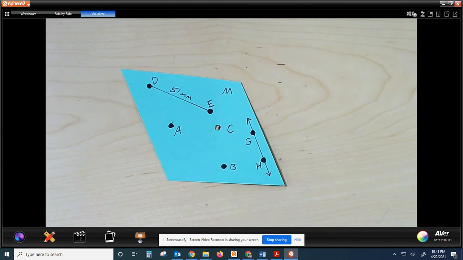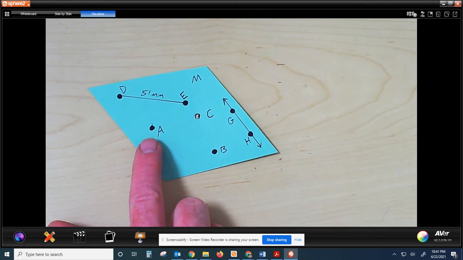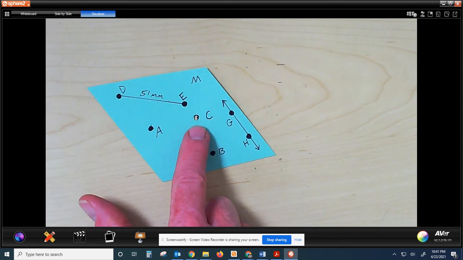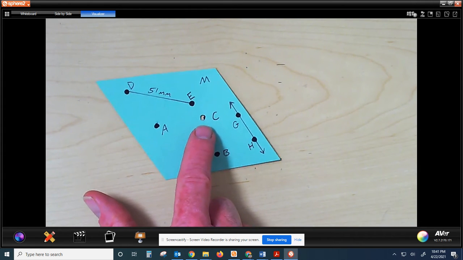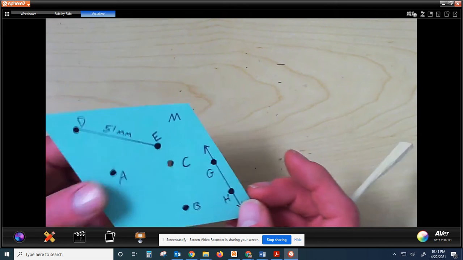The other features on this plane M are points A and B and C. Okay, so C is a hole. And I just want to indicate here that geometry can go from 2 dimensions to 3 dimensions.